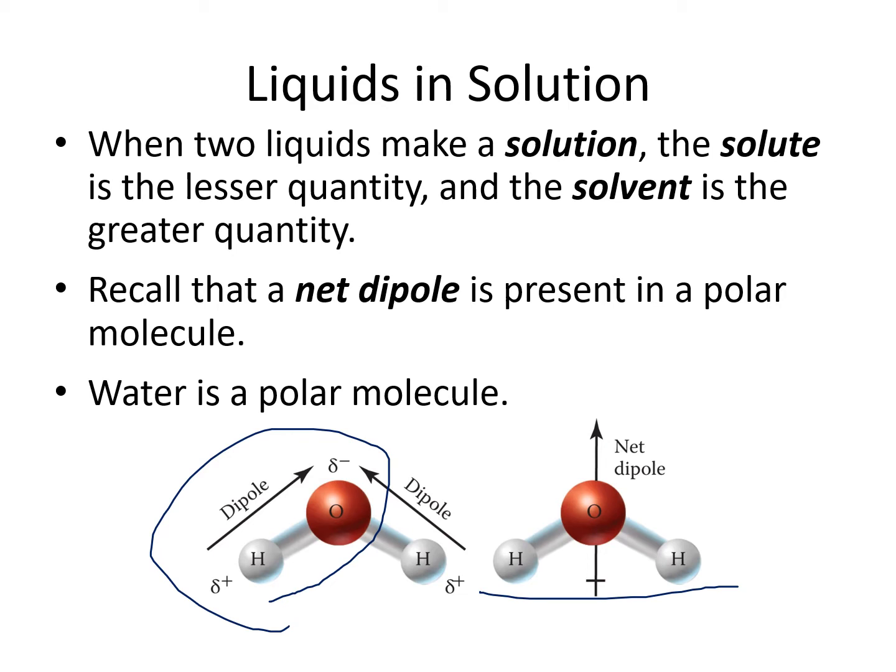So the rule for liquids dissolved in liquids is like dissolves like. So what that means is that polar liquids dissolve in other polar liquids, and nonpolar liquids dissolve in other nonpolar liquids.